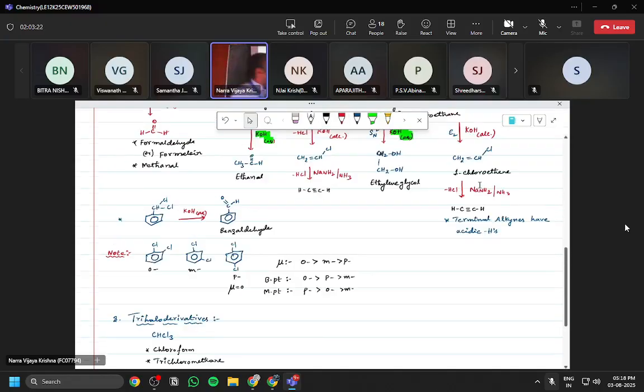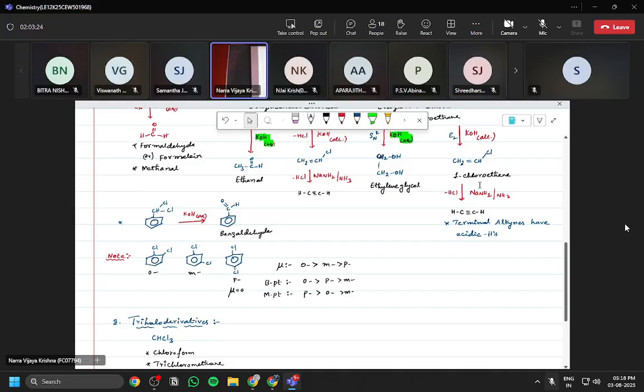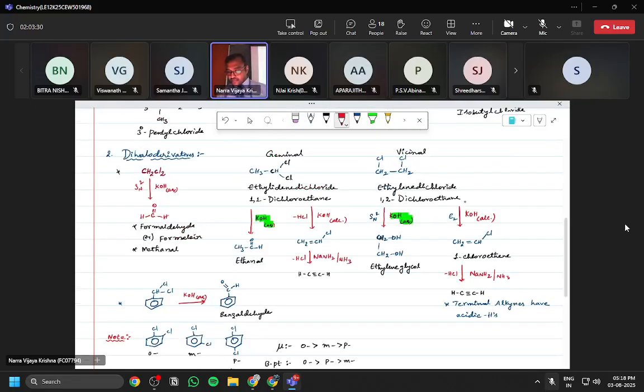What about this one? This elimination is called 1,2 elimination, beta elimination, right? So this is an example of beta elimination or 1,2 elimination. Clear?